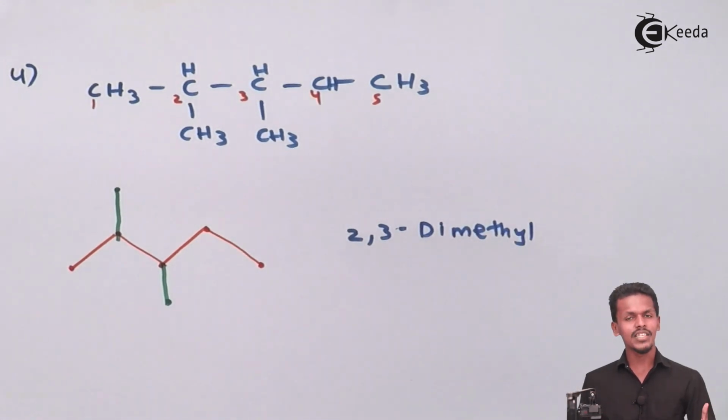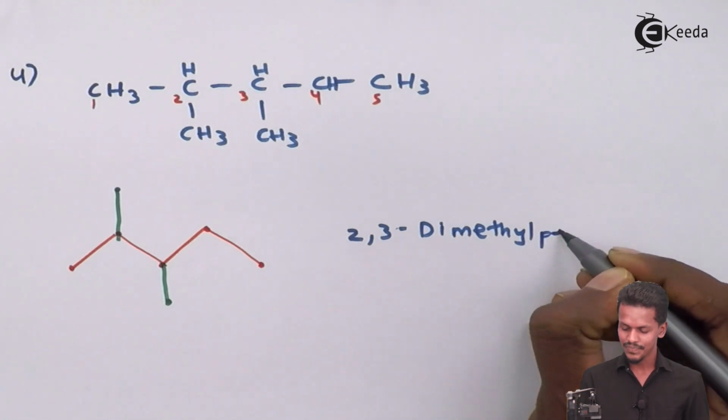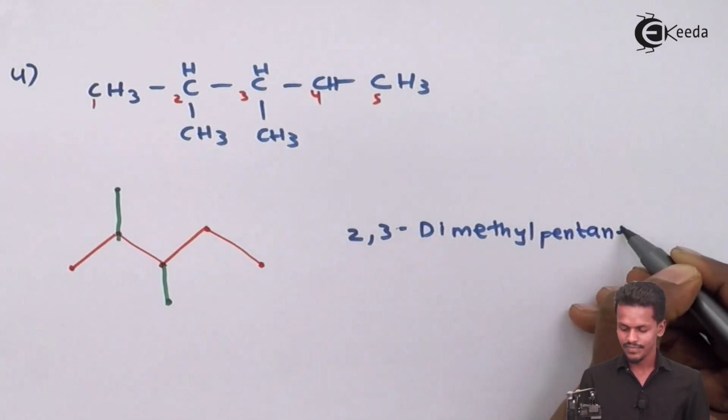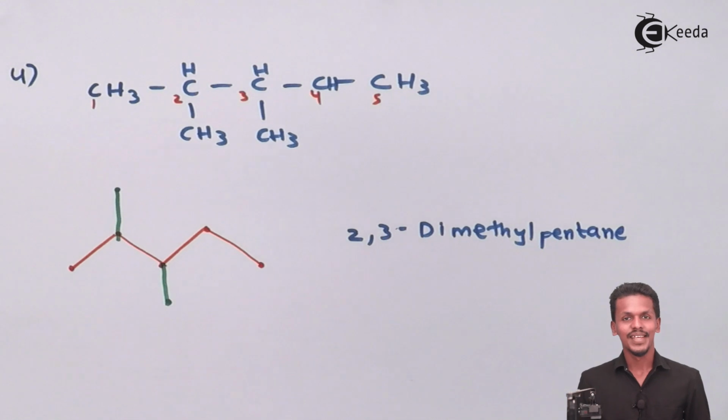And the total number of carbons present in the continuous long chain, or the parent hydrocarbon, is 5. An alkane which consists of 5 carbon atoms is known as pentane. So we could write it as 2,3-dimethylpentane. Simple.